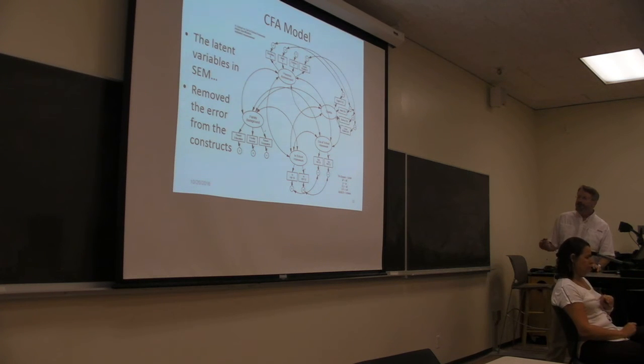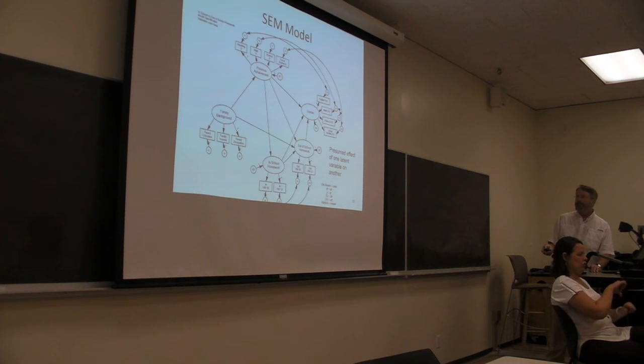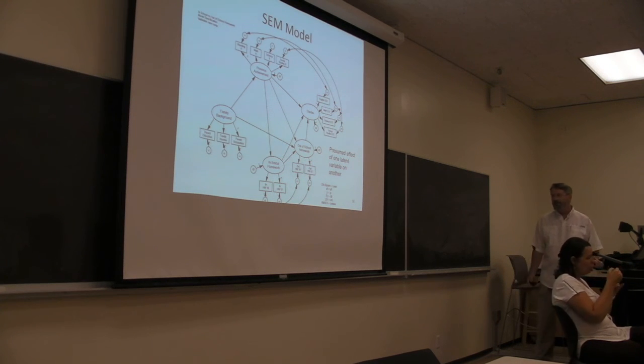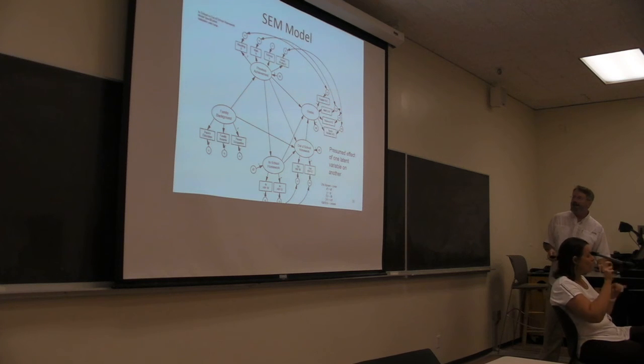And so the addition, as we go from confirmatory factor analysis to structural equation modeling, is essentially that now what we're doing is a regression of the latent variables on one another. So now we have paths drawn among the latent variables. Previously in path analysis, we had paths drawn among the measured variables. Well, we've just added now paths among the latent variables.